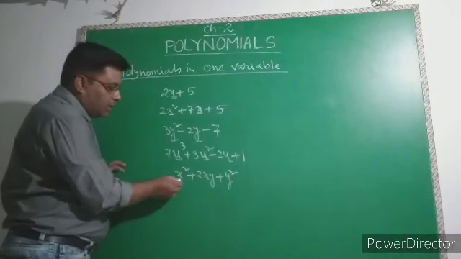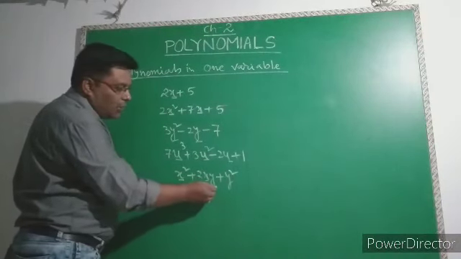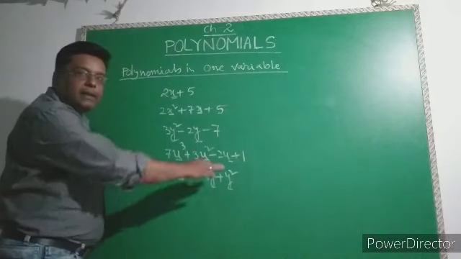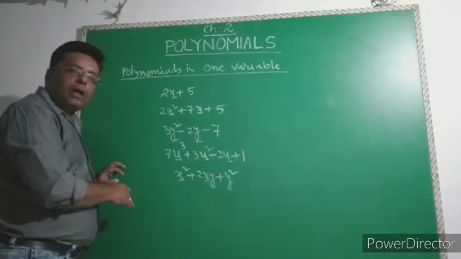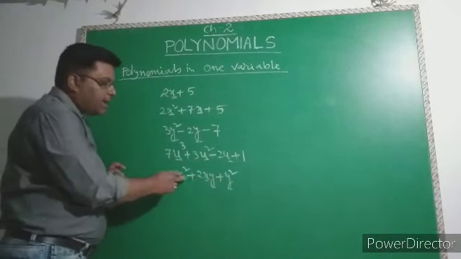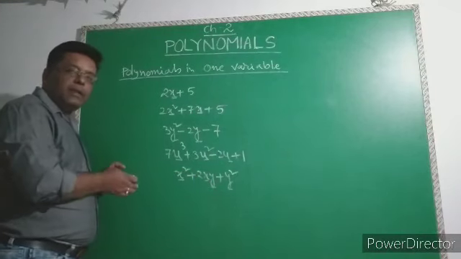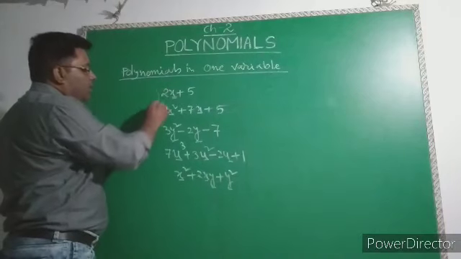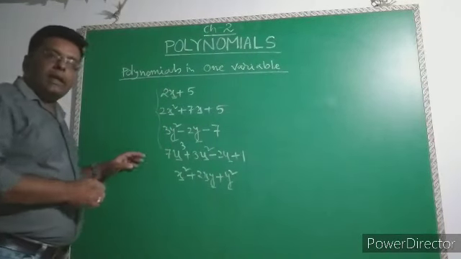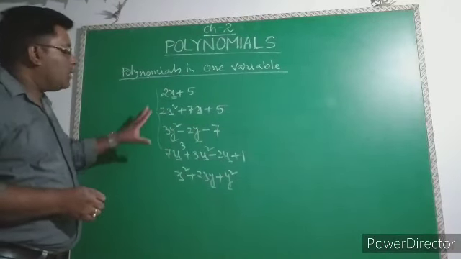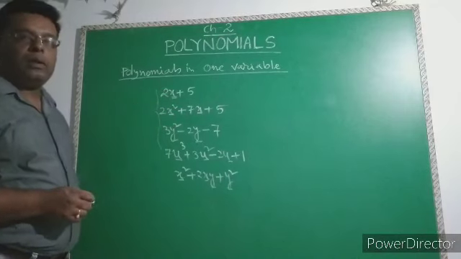Now in this expression we have x and y. That is, in this expression we have two variables, x and y. But in this chapter we will discuss algebraic expressions where there is only one variable.